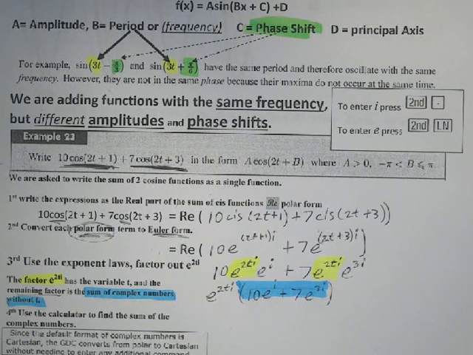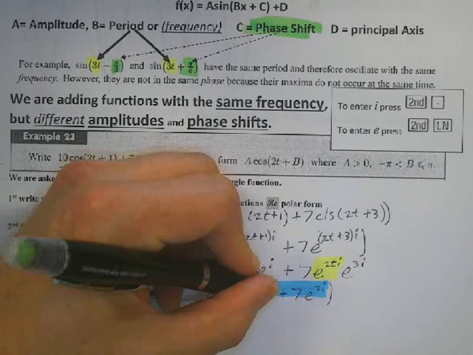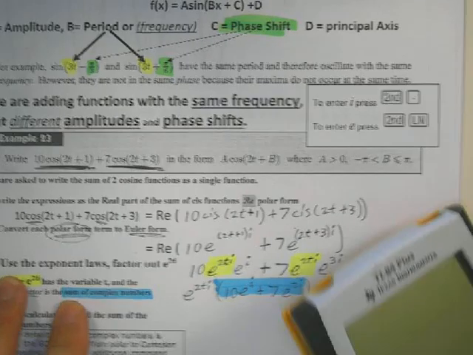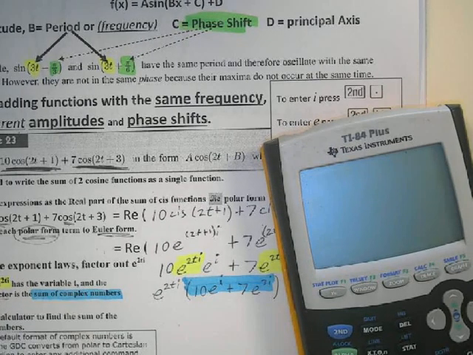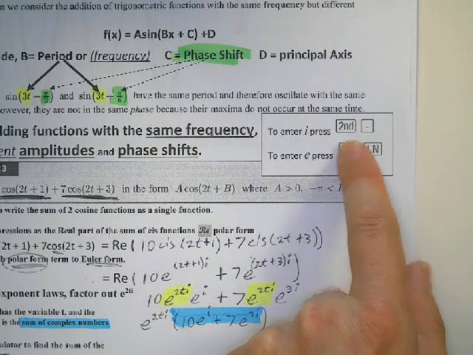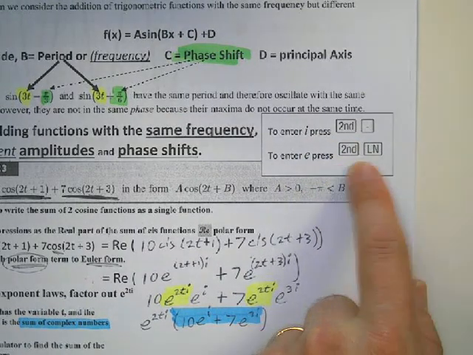Okay, so now we're going to use our calculator to find the sum of these two things. So I'm going to get my calculator. Oh, and don't forget, I gave you this note. To get i, you hit second and period. To get e, you hit second and natural log.